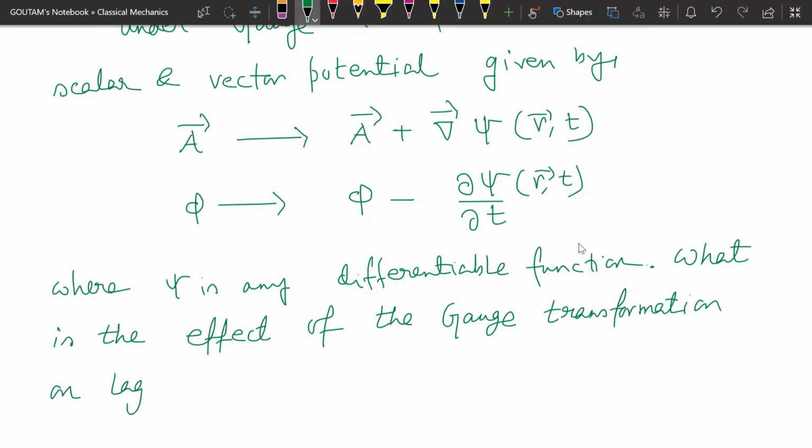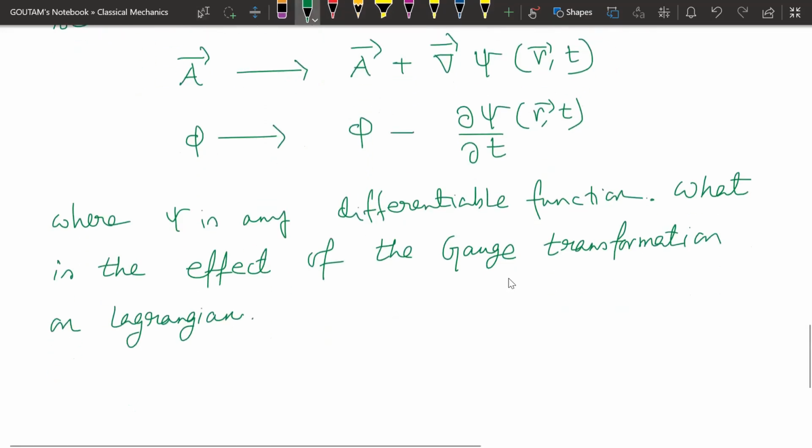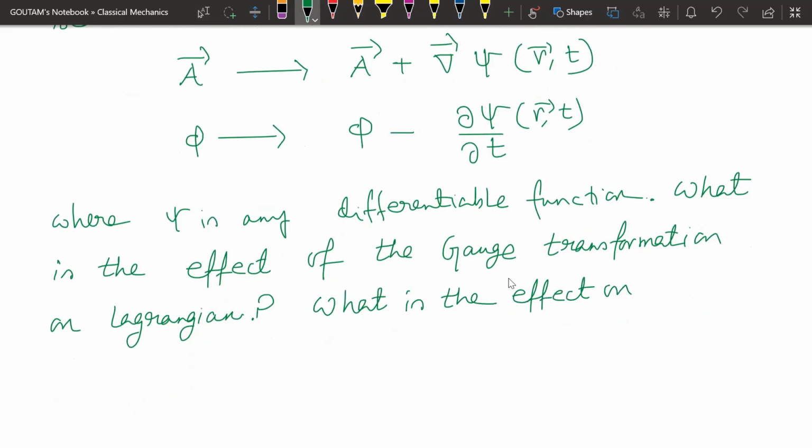And the next question is whether it is changing the Lagrangian equation of motion or not. What is the effect on Lagrange's equation of motion?